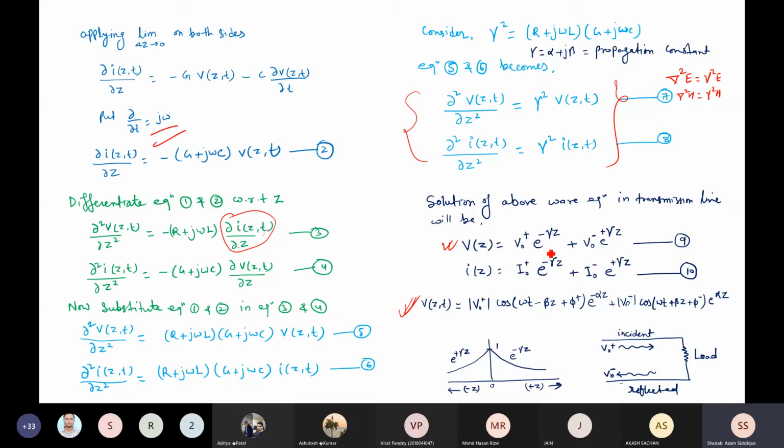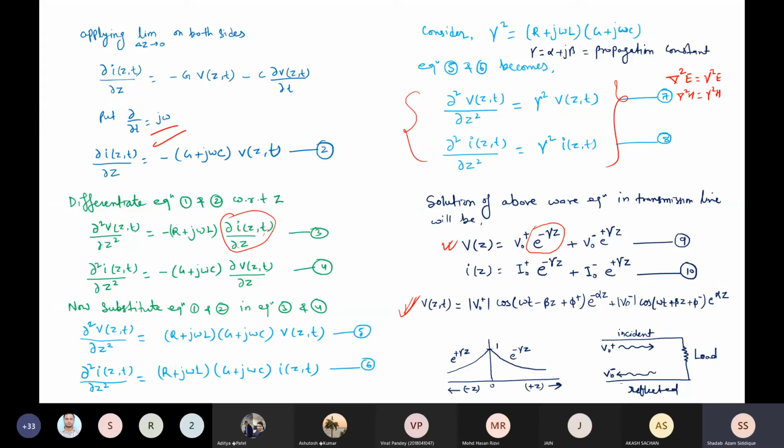So what is the meaning of this voltage and current equation? V₀⁺ and V₀⁻ are just constant values, the amplitude. The exponent is what is responsible for carrying the wave from one point to another.